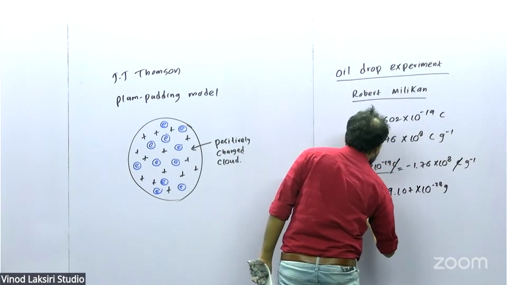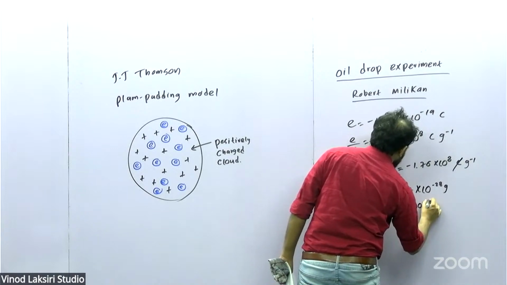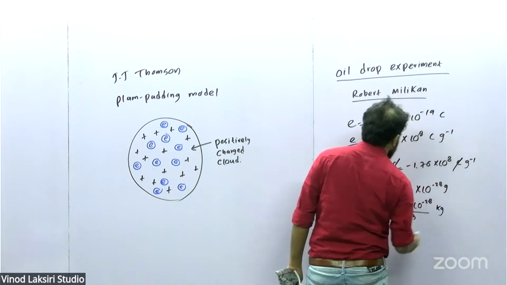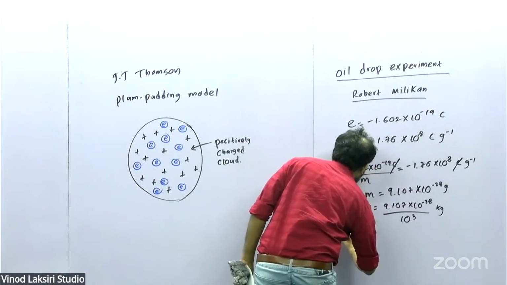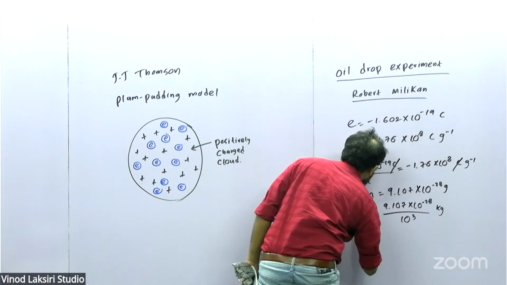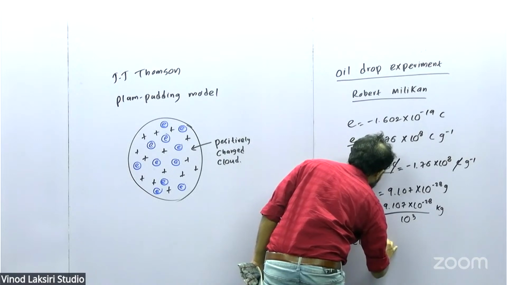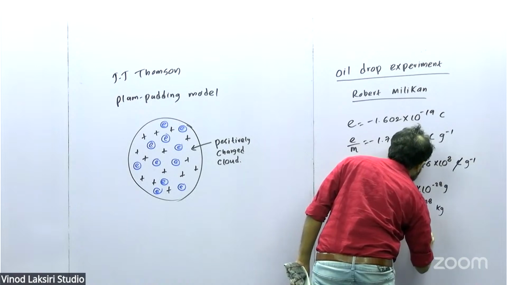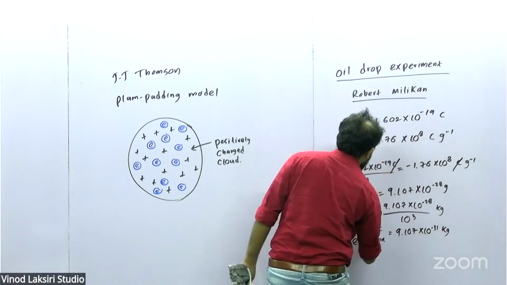So I will convert gram to kilogram. You have to divide by 1000. Then we can write down the mass of the electron: mass of electron equals 9.107 times 10 to the power minus 31 kilogram.